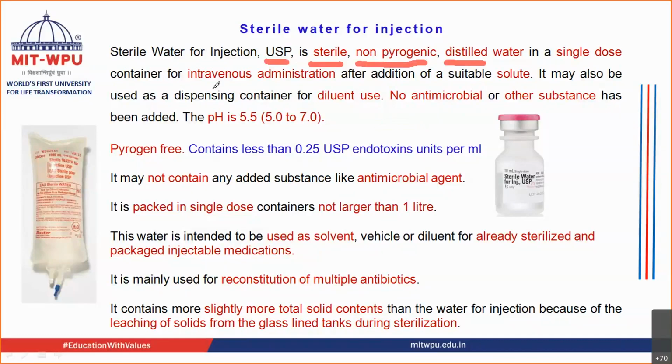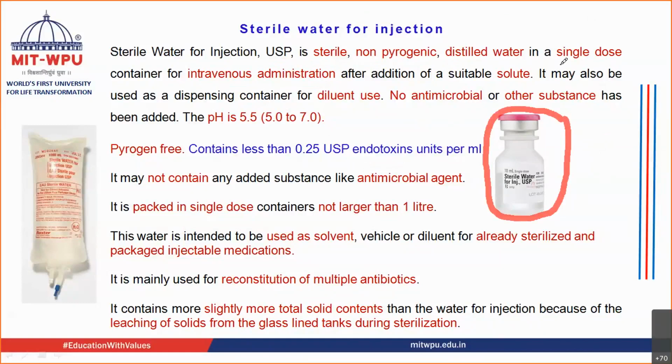It is basically a container which is used for intravenous administration. For example, dry solid substances are to be diluted with a solvent and then given to the patient. So what you do is you use the sterile water for injection: you remove the water from it, put it into the solids, dilute them, and then take it.